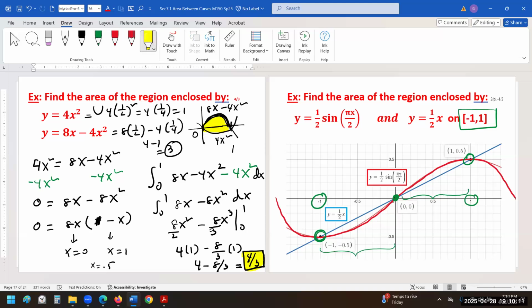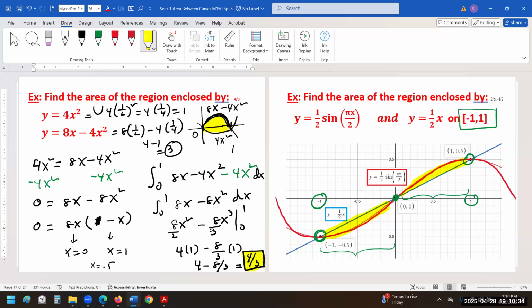And in the left piece, our line is bigger, and on the other side from 0 to 1, our sine is bigger. So you cannot use one function to find both areas. You have to look at specifically each interval. In that interval, which function is bigger?